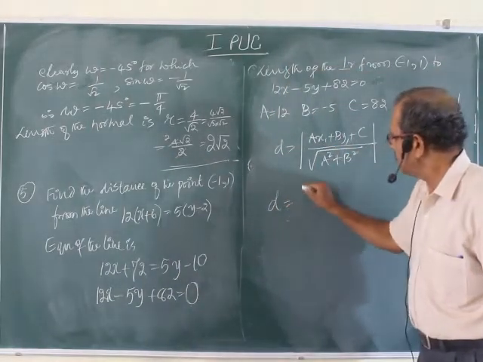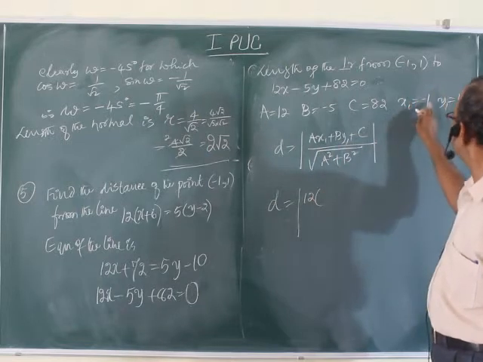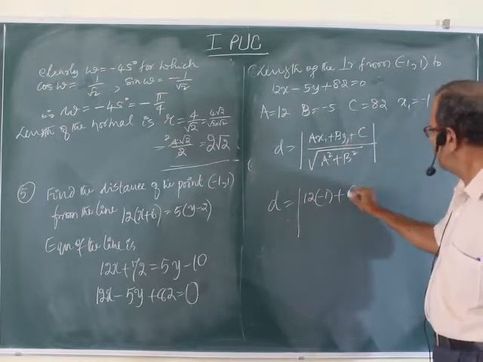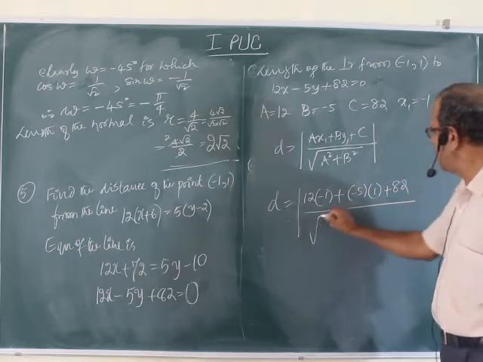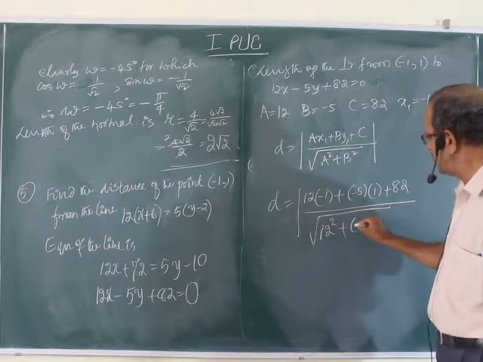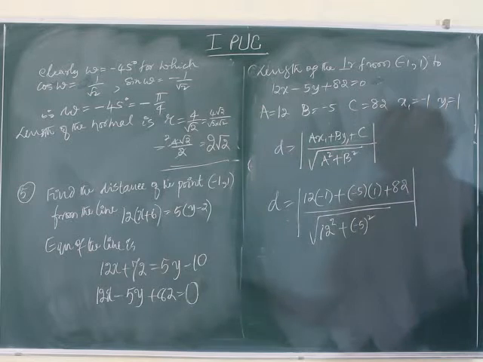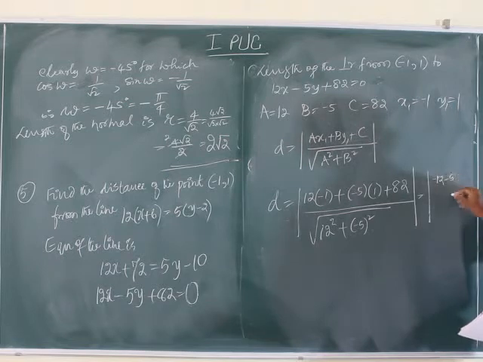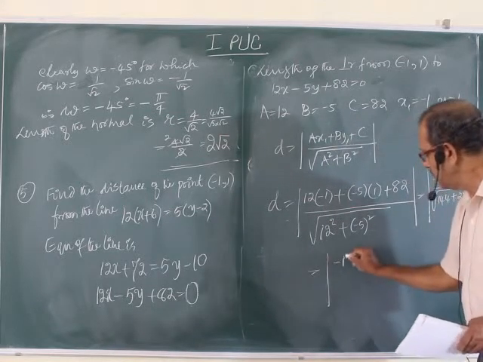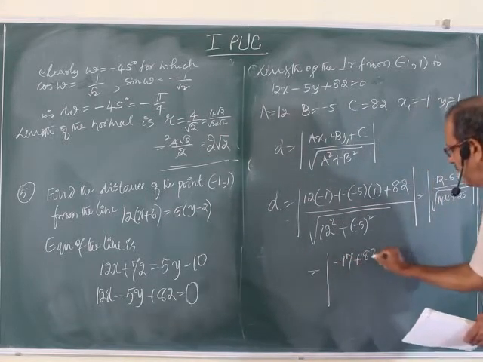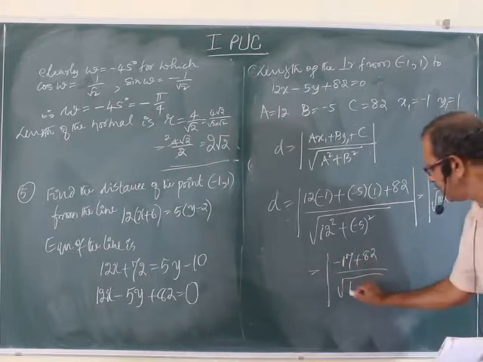Yes, now D equal to AX1 plus BY1 plus C divided by root A square plus B square. Minus 12 minus 5 plus 82 divided by root 144 plus 25 equal to minus 17 plus 82 divided by root 169.